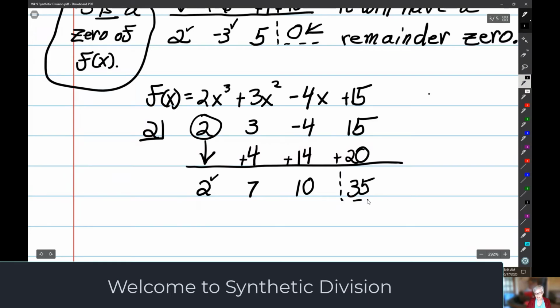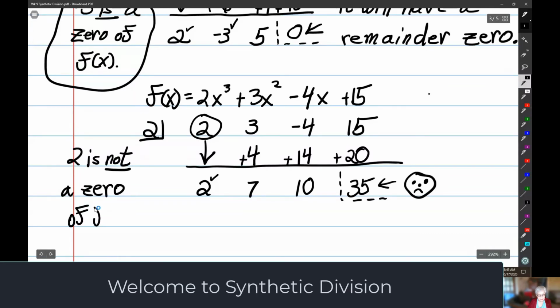35 is the remainder, not 0. So 2 is not a 0 of f(x).